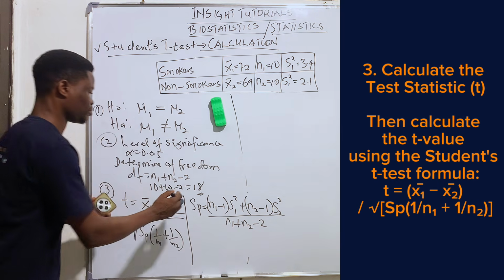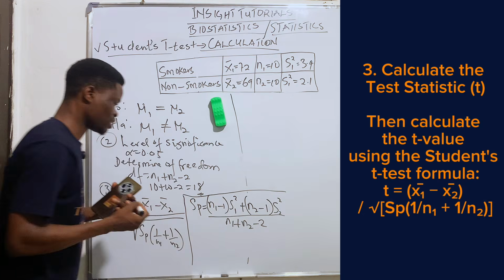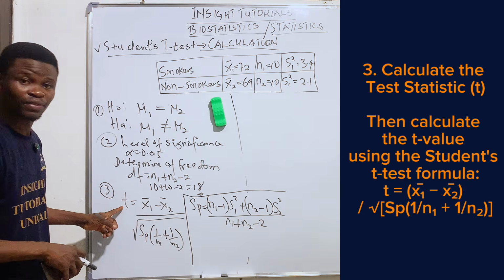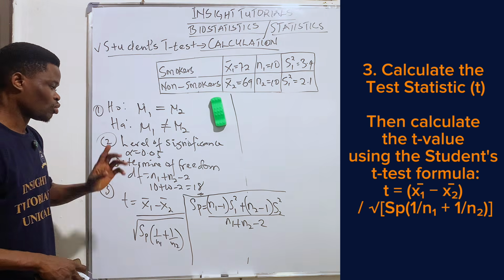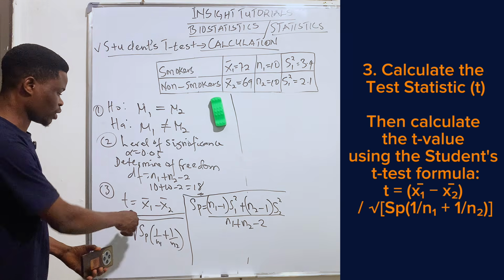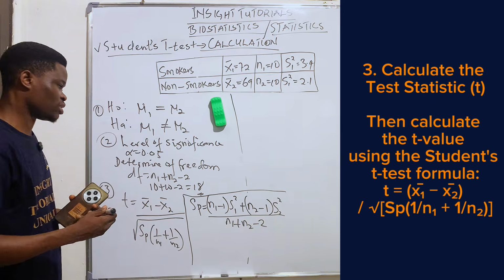So in essence, for us to be able to find the t-value or the t-statistic, we have to look for the pooled variance first. All right. So we're going to do that right away before we come into solving for the t-test.